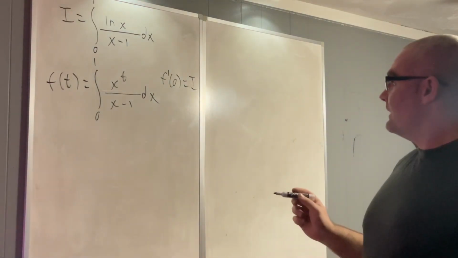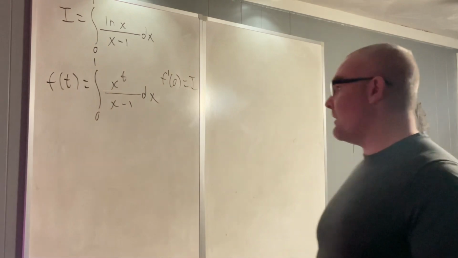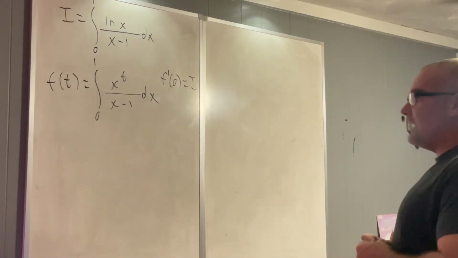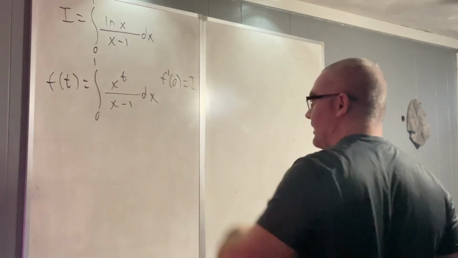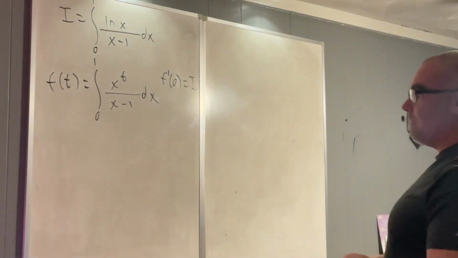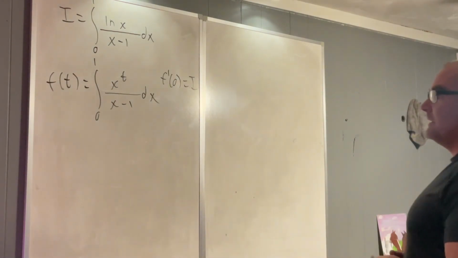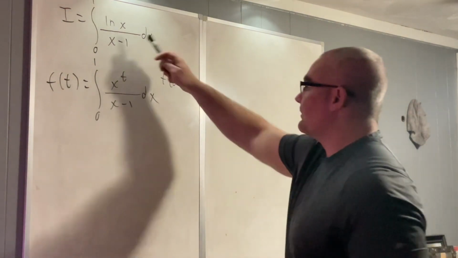Okay, so we can take the derivative right now directly. We would just get the integral from 0 to 1 of natural log x times x to the t over x minus 1 dx. But that's no good because that's even more difficult than our original integral to evaluate.